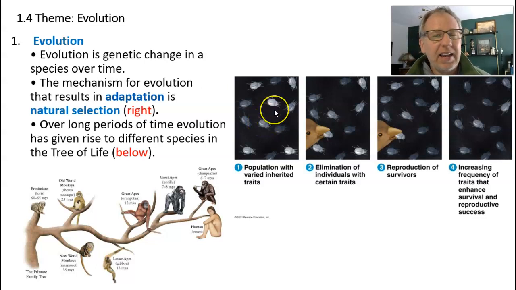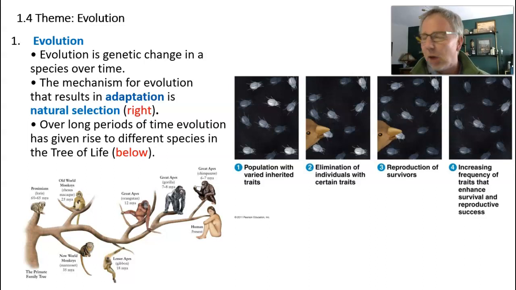It's very important that that variation, the differences among organisms, has a genetic basis. This is a requirement of natural selection. If there isn't genetic variation among organisms in a population, then natural selection won't happen.